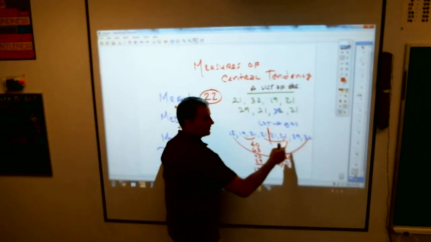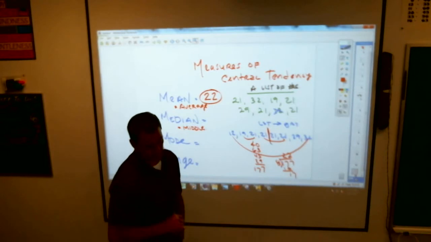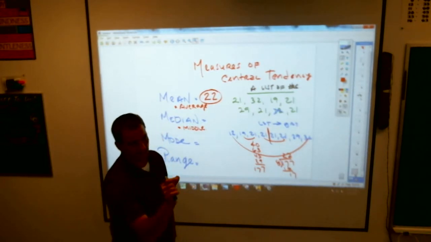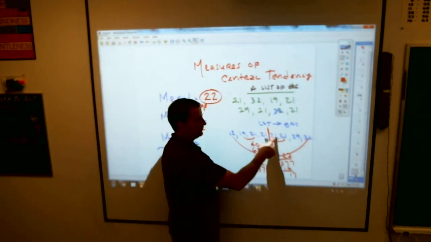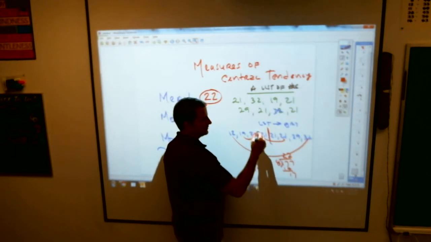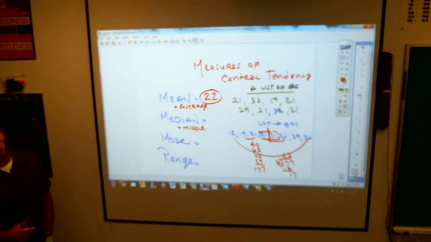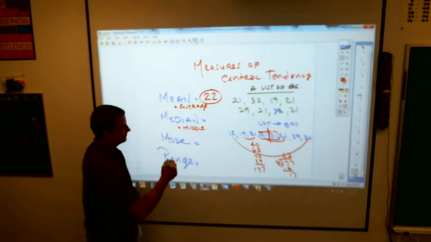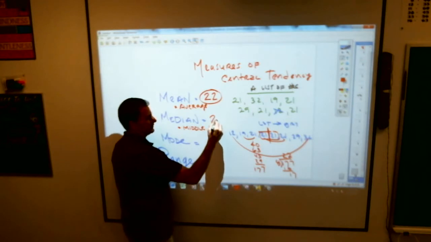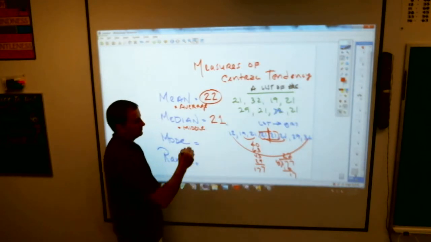If there's an even number of numbers, you don't have an exact number in the middle. You've got one on either side of it. In that case, you add them together and divide by 2. That's nice with two 21s because when you add two 21s together and divide by 2, you get 21. So our median is 21.